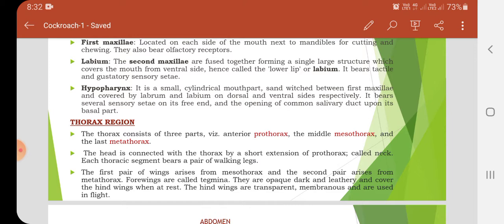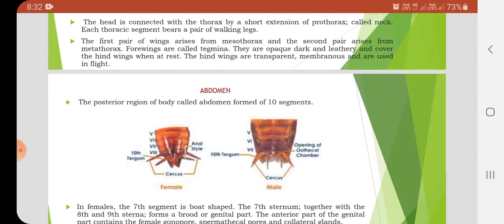Then the last region of the body is the abdomen. The posterior region of the body is called abdomen. In cockroaches, the abdomen is long and narrow in male and is shorter and broad in female. In adult, the abdomen is formed of about 10 segments, while the 11th embryonic segment is vestigial in adult.